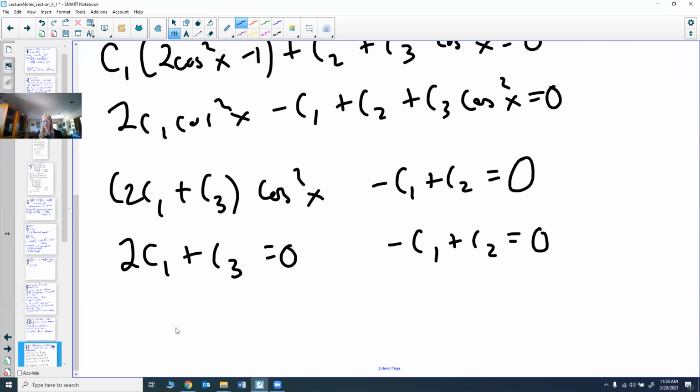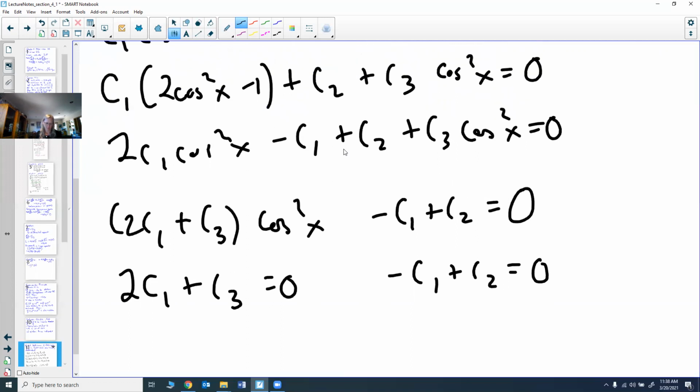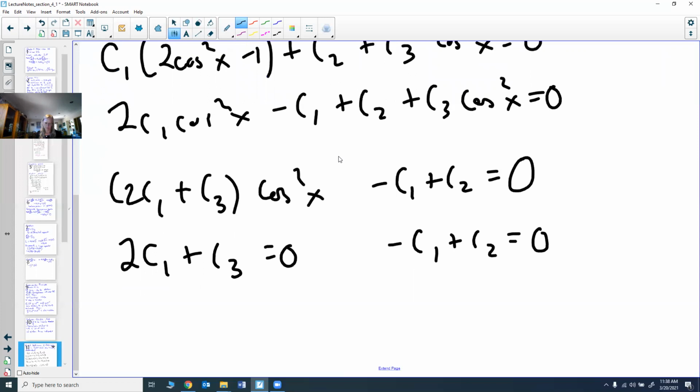So looking at this, I think I lost a negative sign somewhere. No, okay, I didn't. Is there some way I can let these all be some value that's not 0 and get them equal to 0?